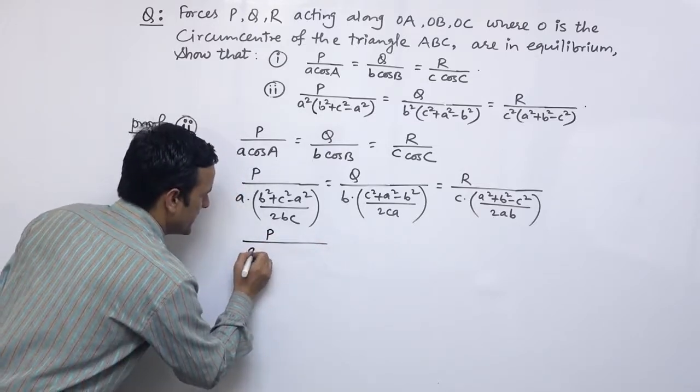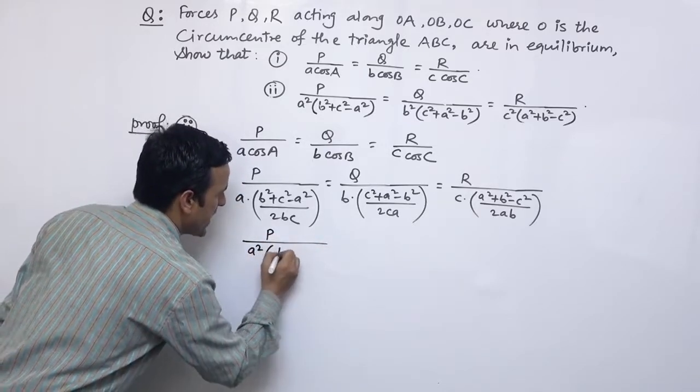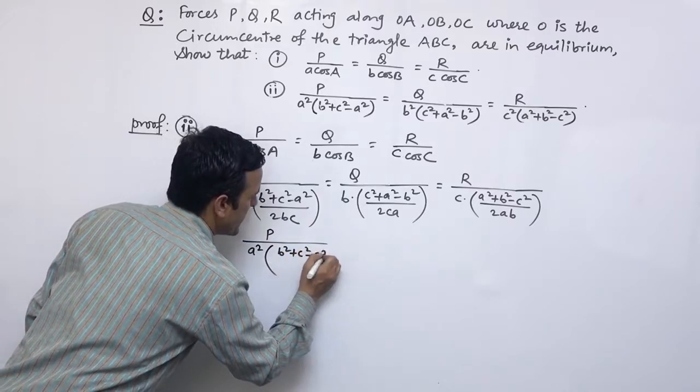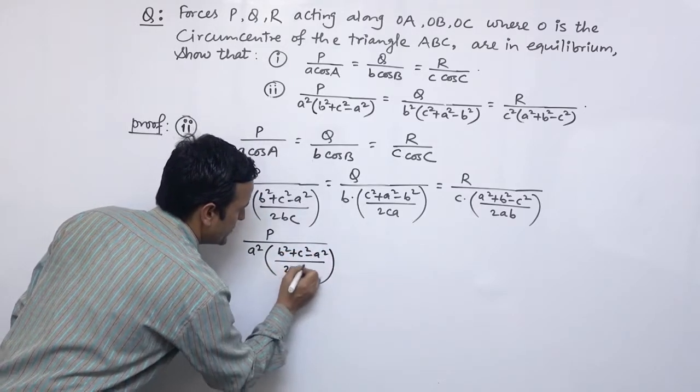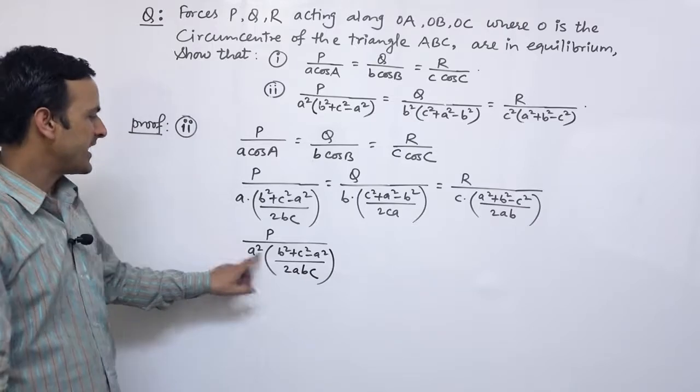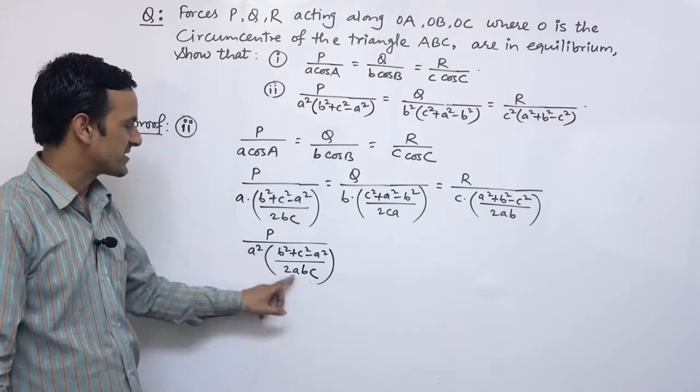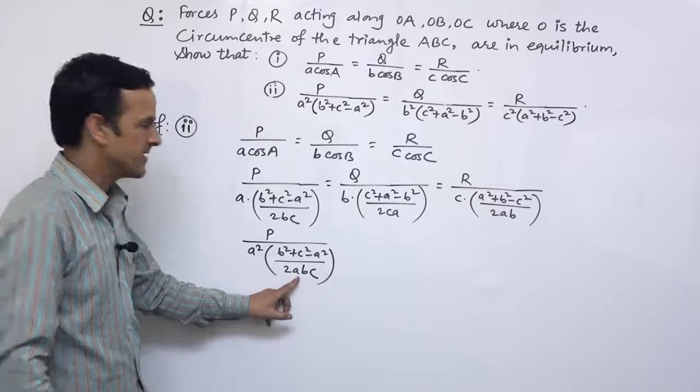now here A लाई A ले मल्टिप्लाई गर्ने, A square B square plus C square minus A square divided by 2ABC गर्ने. यहाँ पनि एउटा A, यहाँ पनि एउटा A ले मल्टिप्लाई र डिवाइड गर्ने, सँगसँगै A थप दिने यसमा र यसमा.